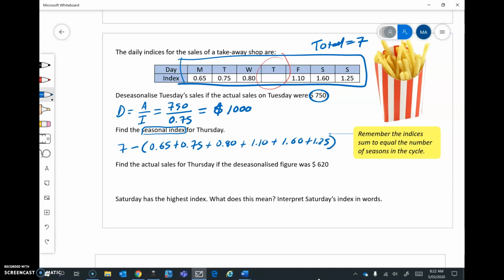Okay, so when we do this, we get a total of 0.85. So the index for Thursday is 0.85. You might want to pause now and try this next one with that information in hand.